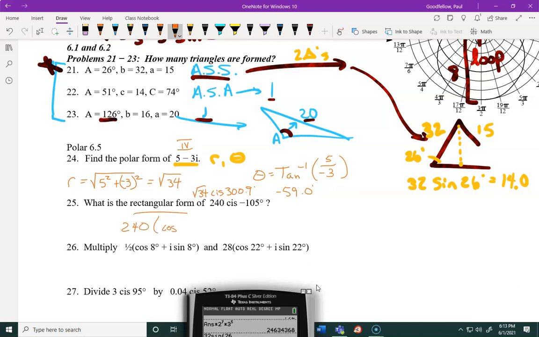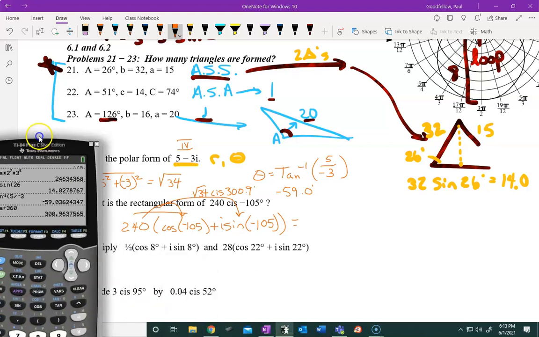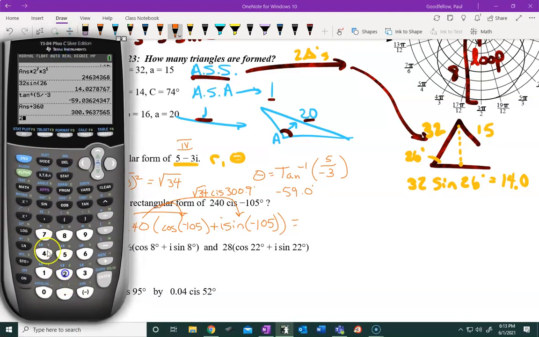This is cosine of negative 105 plus i sine of negative 105. And ultimately, you would distribute this value on each one of these two and just evaluate them. So relatively easy question here. 240 cosine of negative 105. And that answer is going to give us negative 62.1.